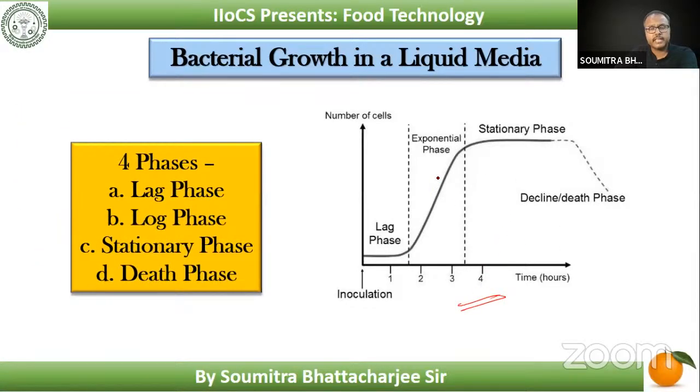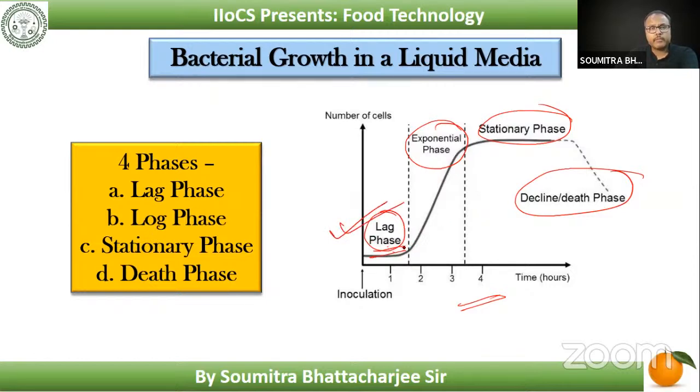Here we have a growth curve, which is a sigmoid-shaped growth curve. In this curve we have the lag phase, the log phase, the stationary phase, and the declining or death phase. In the lag phase, when we incorporate a bacterial cell, the organism does not immediately show growth or multiplication. The phase in which the microbe adapts to its external conditions is the lag phase.